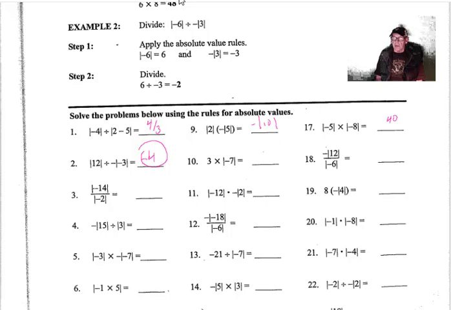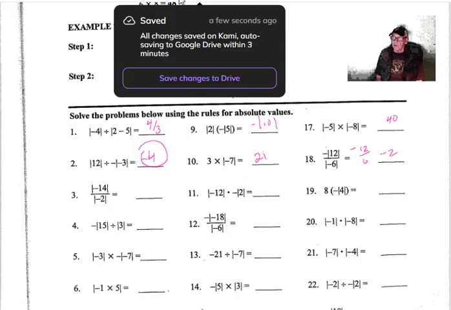Looking at number 10, absolute value of negative 7 is 7. 3 times 7 is 21. Here we've got the absolute value of 12, the negative absolute value of 12, which is going to end up being a negative 12, divided by 6. And that's going to end up being a negative 2.